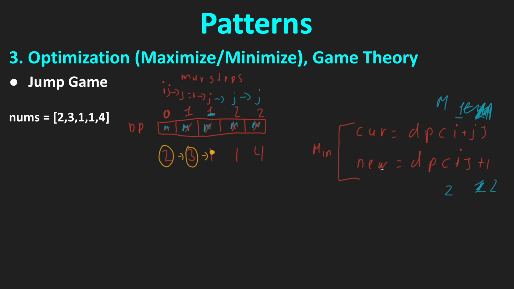So the current value is at i + j, which is 0 + 1. The new value is dp[i], where we are coming from, plus 1, because we are making 1 step here. So dp[i] + 1 gives us 1, and the current value gives us the maximum integer value. We take the minimum of the two and update this value.